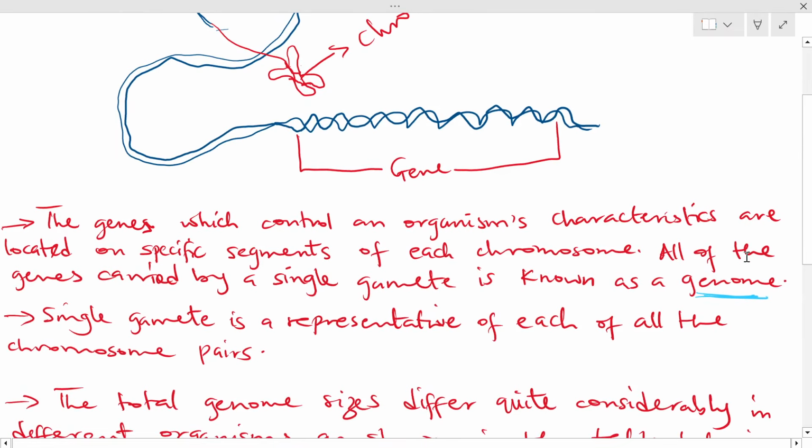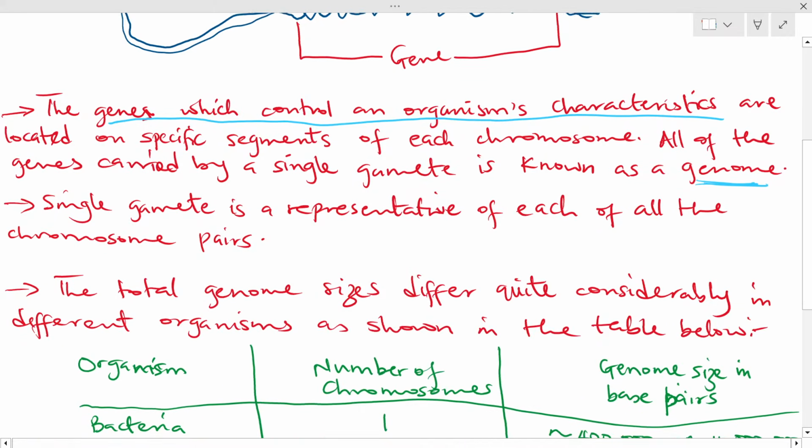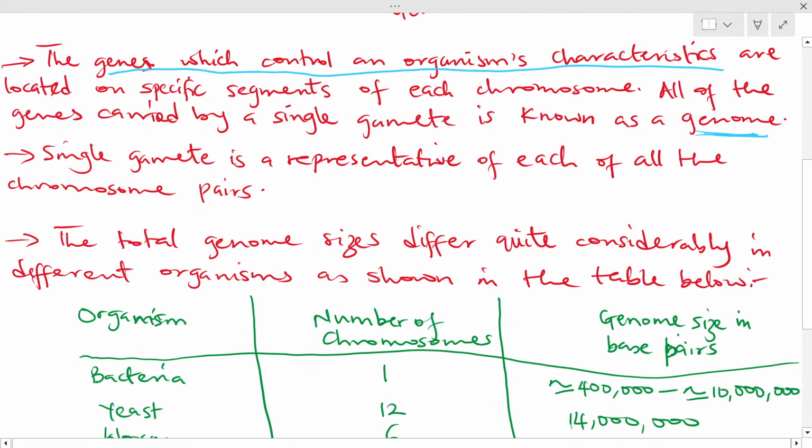And worthy to note is that the genes control an organism's characteristics, and they are located within specific segments of each chromosome. So all of the genes carried by a single gamete is well known as what? The genome. A single gamete is a representative of each of the chromosome pairs.